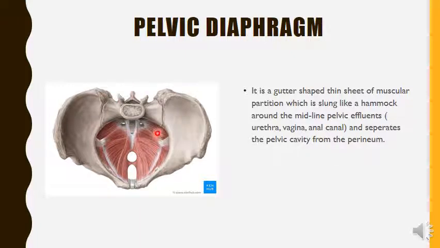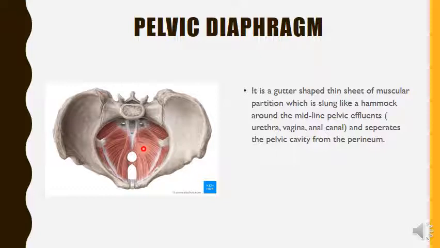Right, so in this image we can see the pelvic diaphragm. It is a gutter shaped thin sheet of muscular partition. You can see that it is sloping towards the medial side. These are the muscles forming the pelvic diaphragm.